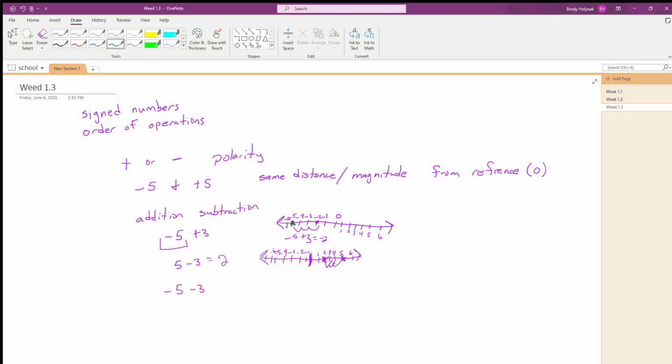We have to get that into our head that as we go negative, the bigger the magnitude, the actual number in it, the smaller that number actually gets. So my negative 5 is going to start here, and I'm going to go back 1, 2, 3 places. Here is my negative 6, my negative 7, and my negative 8. So starting with negative 5, subtracting 3, making it smaller, puts it at negative 8.